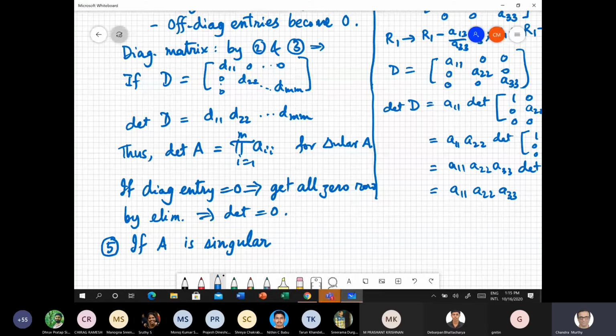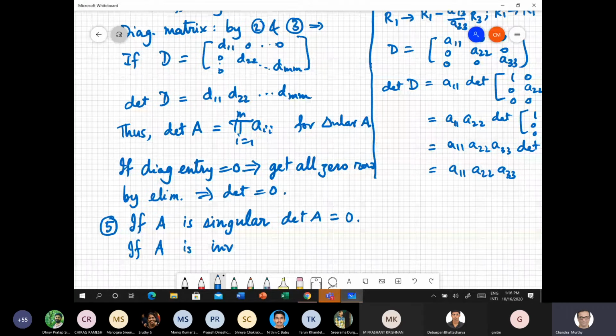A singular matrix is a matrix which is not invertible. If A is singular, then the determinant of A is 0. If A is invertible, the determinant of A is non-zero.